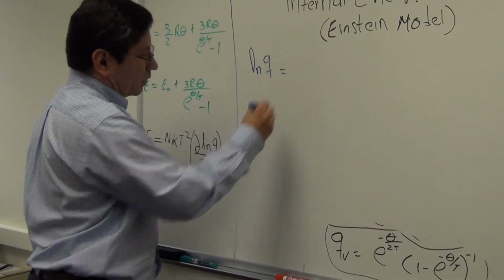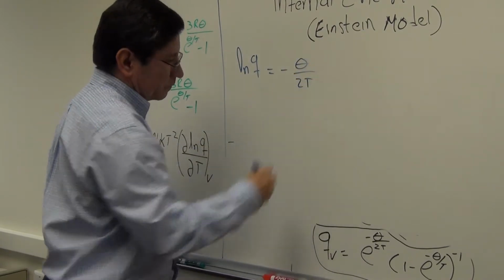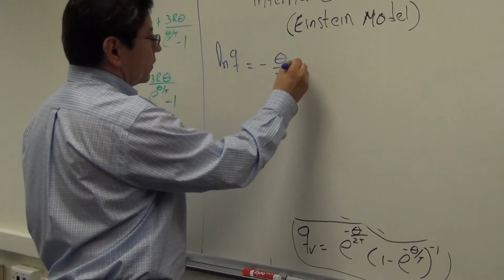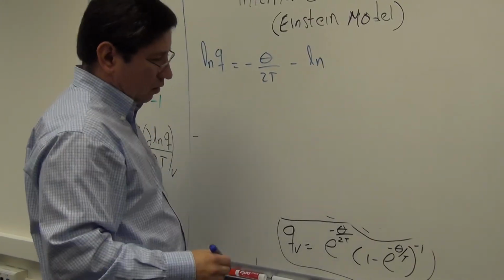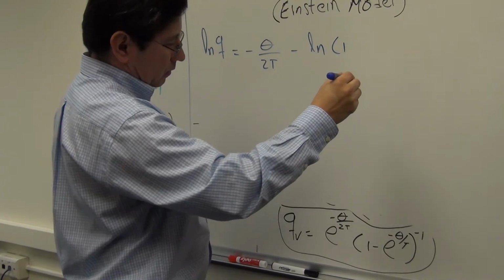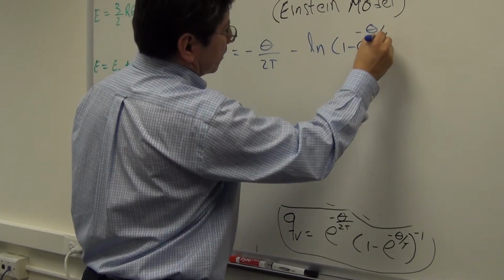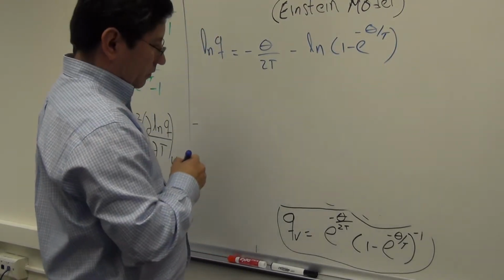So this is going to be equal to minus theta over 2T, minus the natural log of 1 minus e to the minus theta over T.